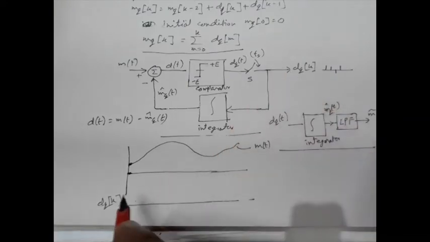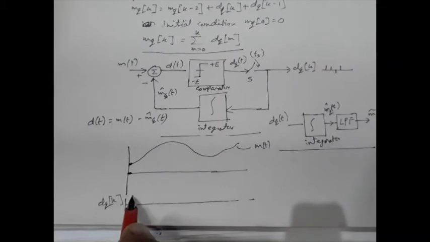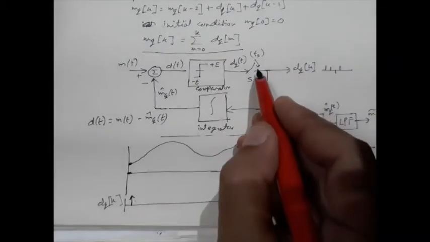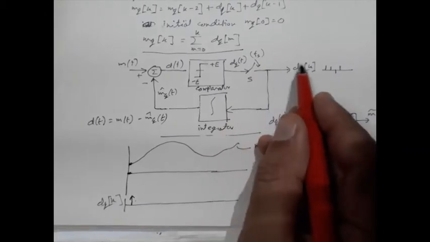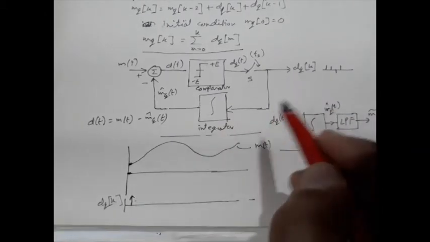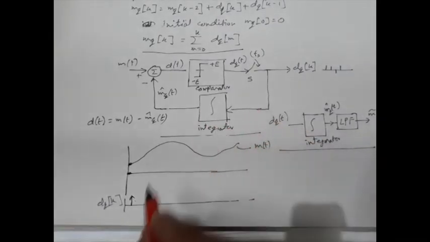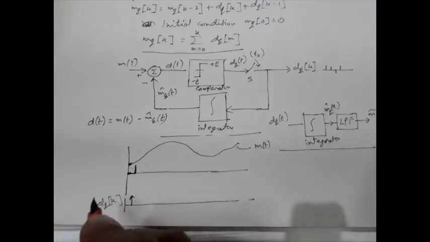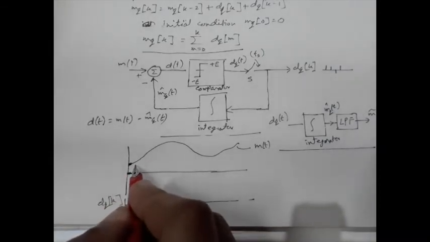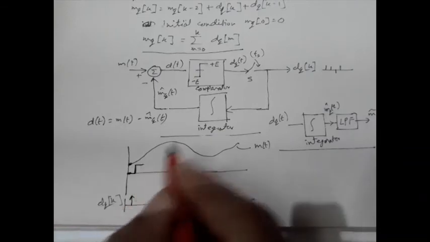It will be a positive impulse, positive volt of plus E. So it will be a positive volt plus E at this particular point, then it will be switched off again. But that DQ[k], that means this impulse, will be fed back through this integrator. So what the integrator will do, once it receives this one, it will increase its value by a certain amount, and it will continue because it is an integrator.